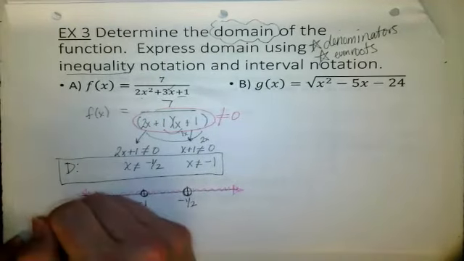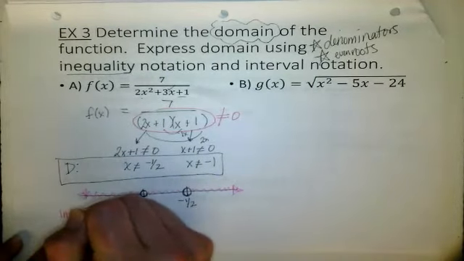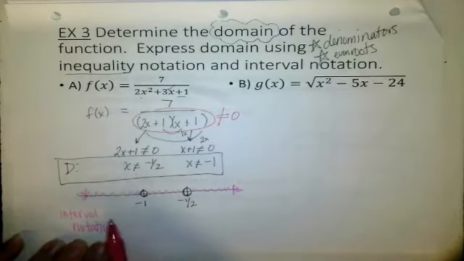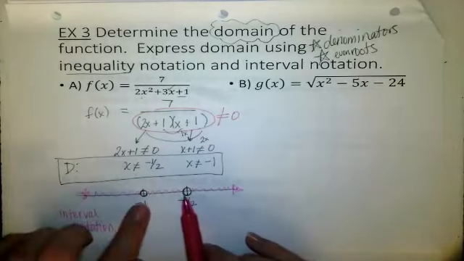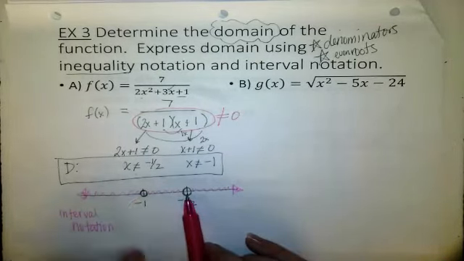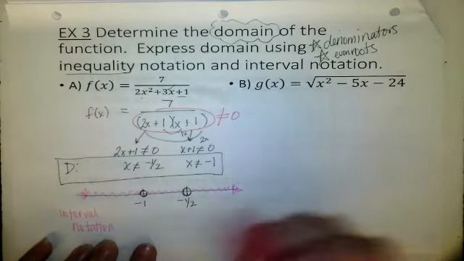So if we want to find the interval notation answer, then I need my intervals. You'll notice there are 2 excluded values. How many intervals does that create? 3 intervals.